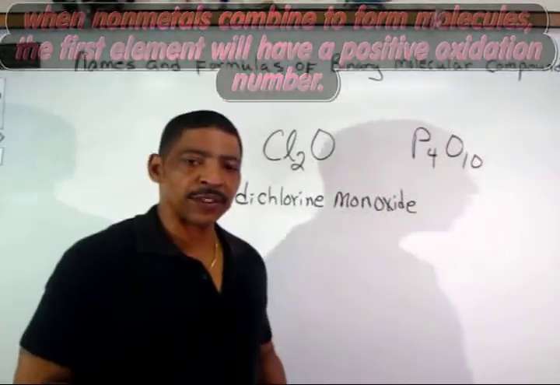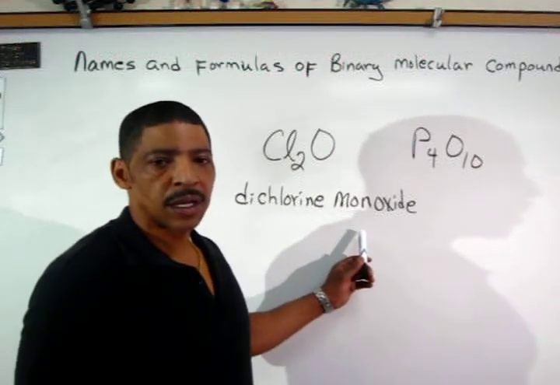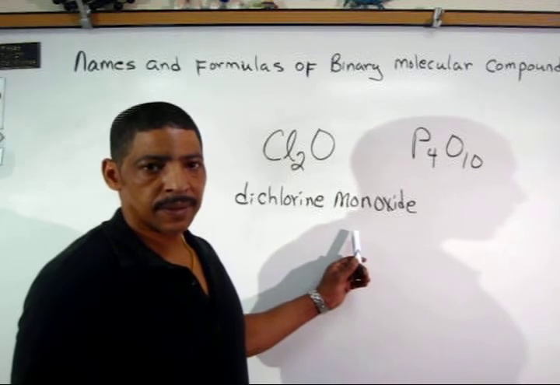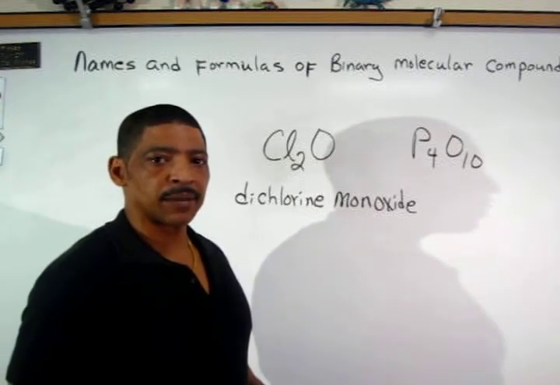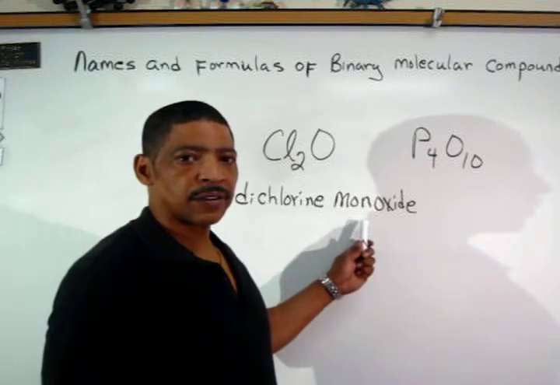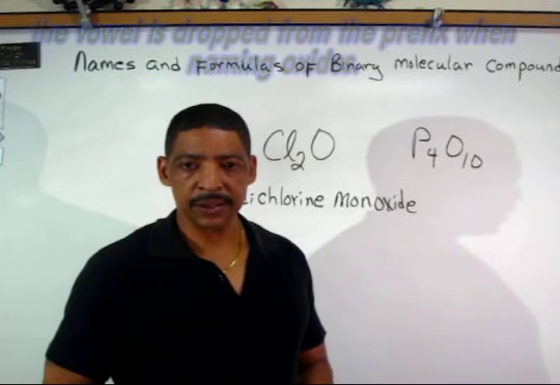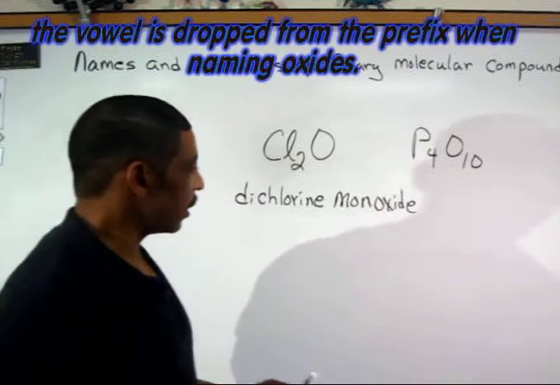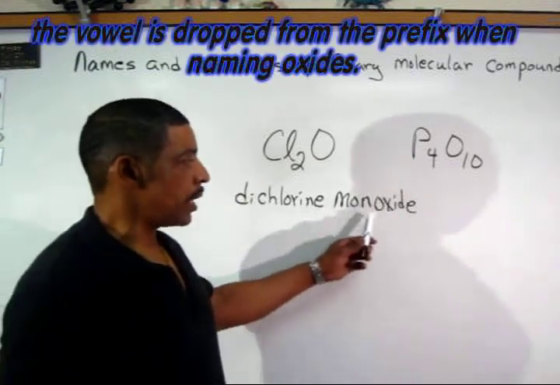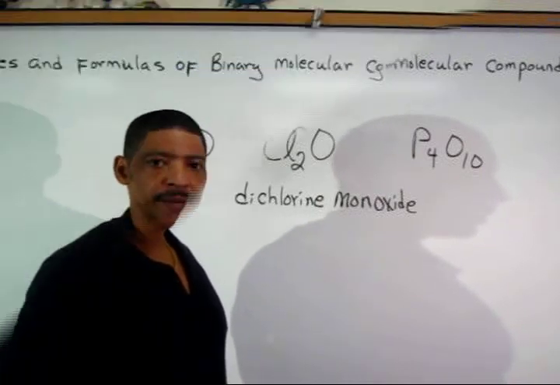Notice that in this particular name, I did not write monooxide. When naming binary molecular compounds, if the prefix ends with O, that O is dropped. So in this particular case, we say monoxide, not monooxide.